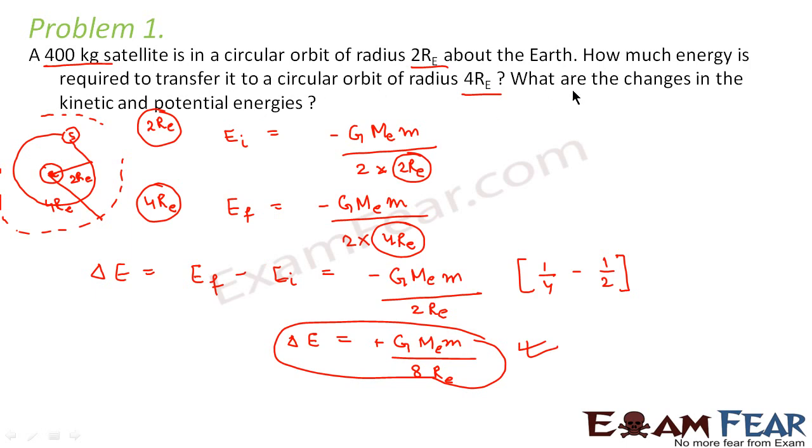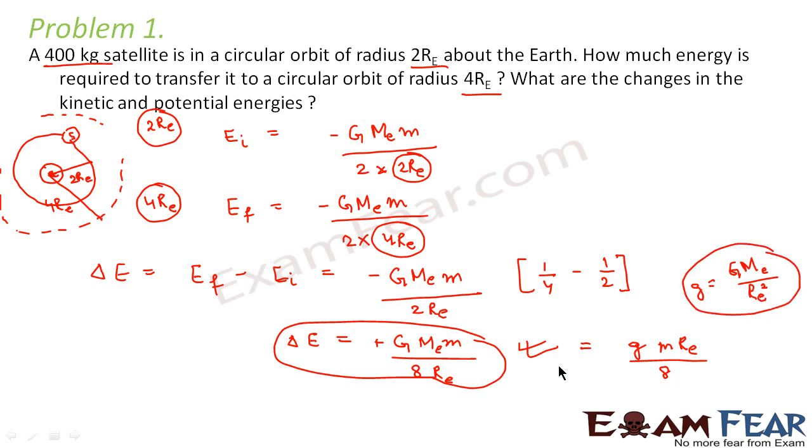The second half says, what are the changes in kinetic and potential energies? Now let us first put in the numbers for the first part. This we can also write in terms of small g, that is acceleration due to gravity, which comes out to be g M RE divided by 8, because g is nothing but equal to G ME by RE square.